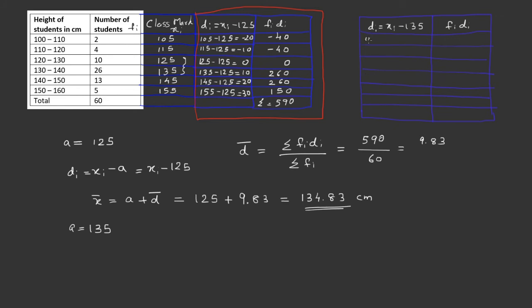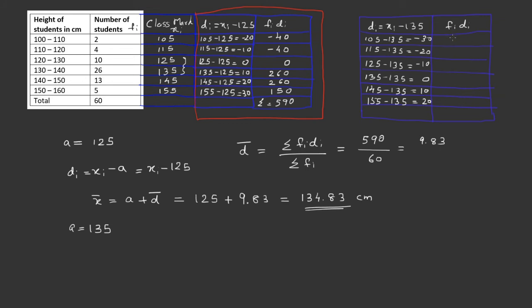So you can calculate here 105 minus 135 is equal to minus 30. 115 minus 135 is equal to minus 20. 125 minus 135 is equal to minus 10. 135 minus 135 is equal to 0. 145 minus 135 is equal to 10. 155 minus 135 is equal to 20.